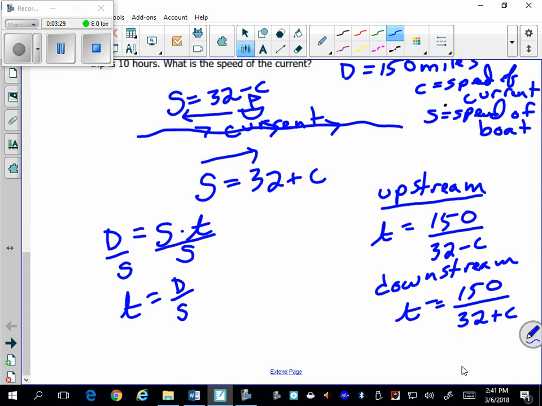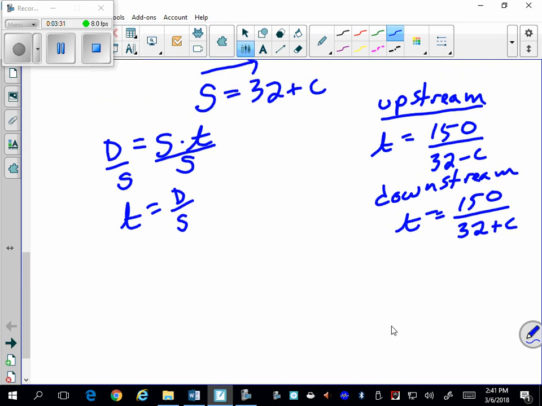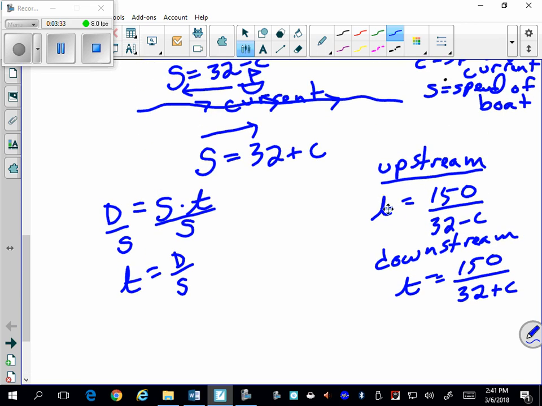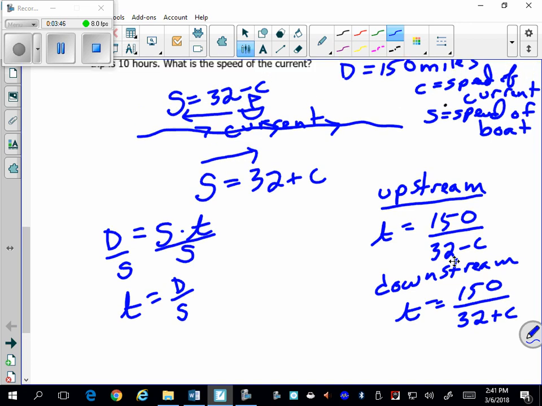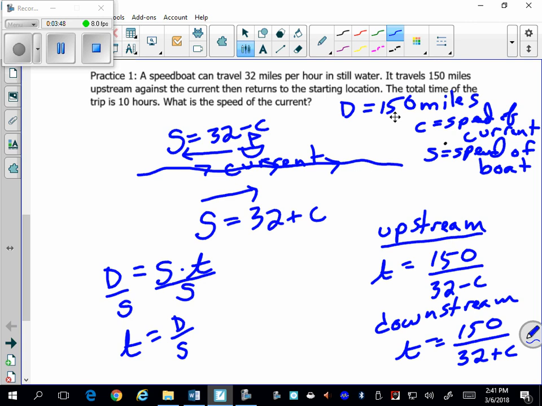In math, we have the transitive property. If t equals 150 over 32 minus c, and t equals 150 over 32 plus c, they must be equal to each other. But let me back it up. It doesn't talk about equal time, so let's cancel that. It says the total time of the trip is 10 hours.